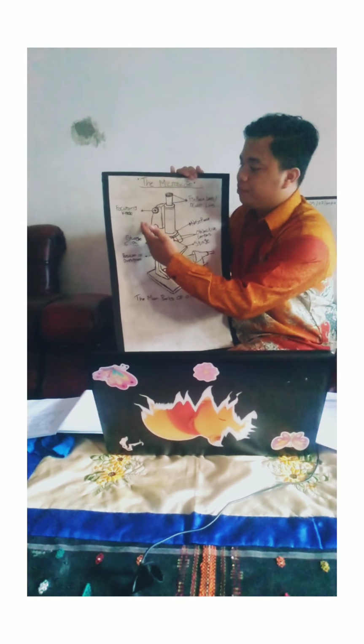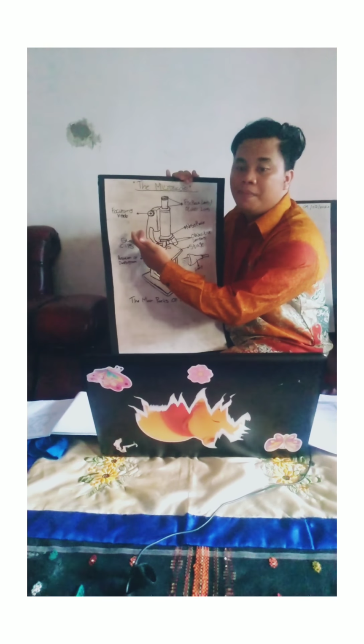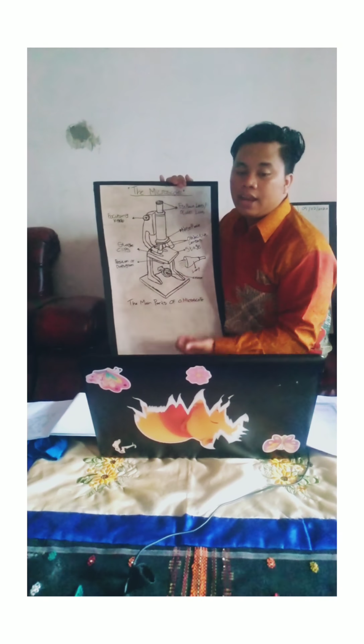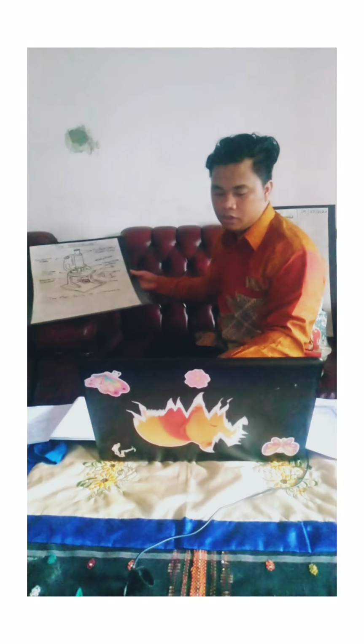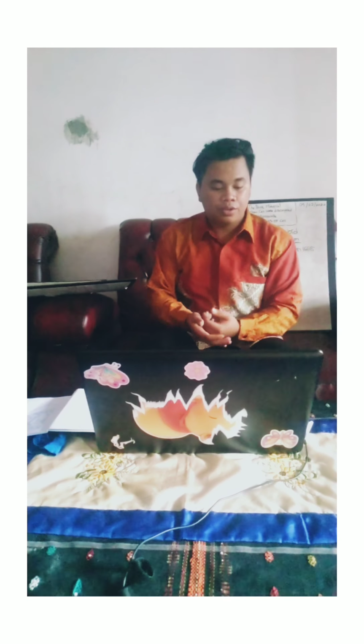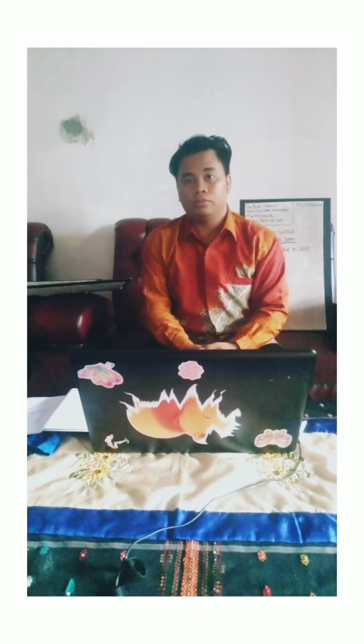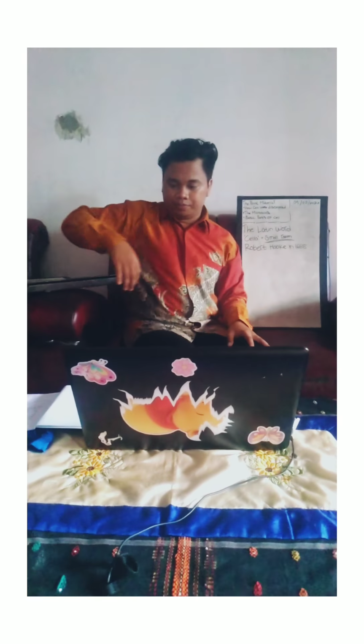And this arm is the frame to which the base, body, and stage are attached. Okay, we must know how to use the microscope correctly, so I will explain its use. Next.